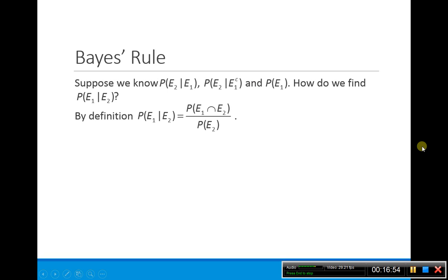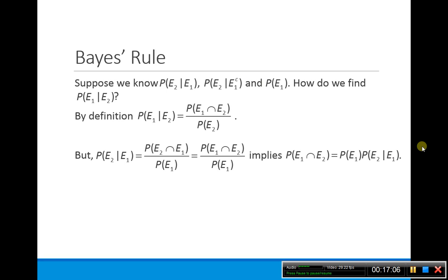Okay, so by definition, we have the probability of E1 given E2 is the probability of the intersection divided by the probability of E2. So if we just reverse this, by definition the probability of E2 given E1 is again the probability of this intersection divided by the probability of E1.